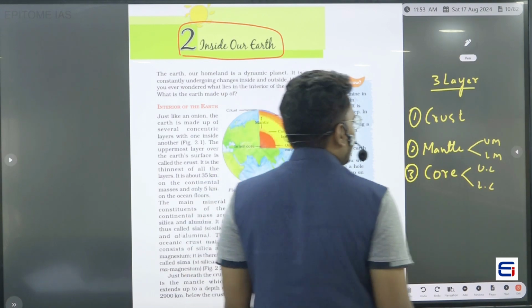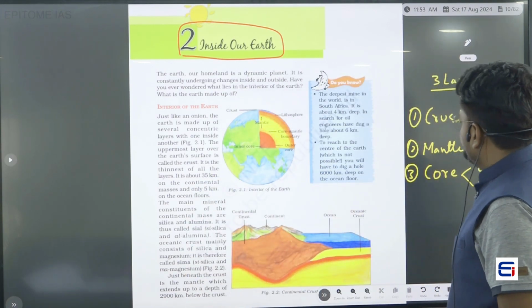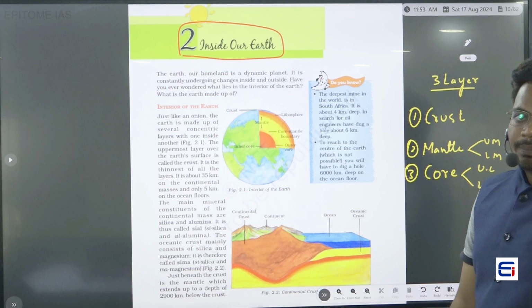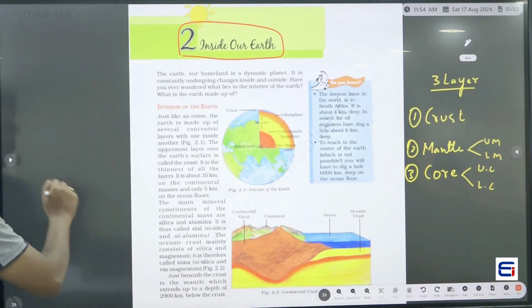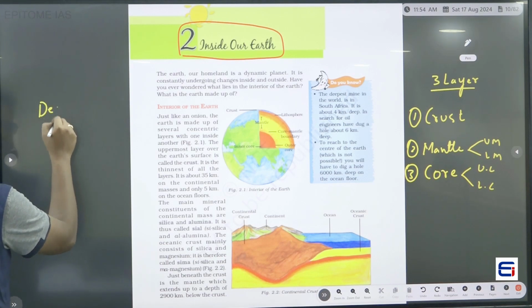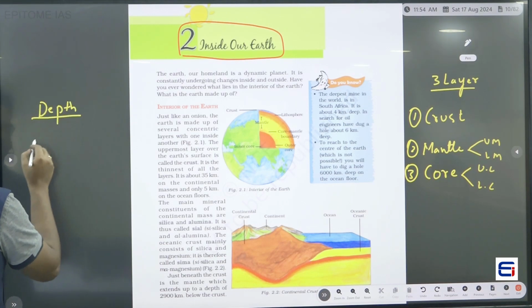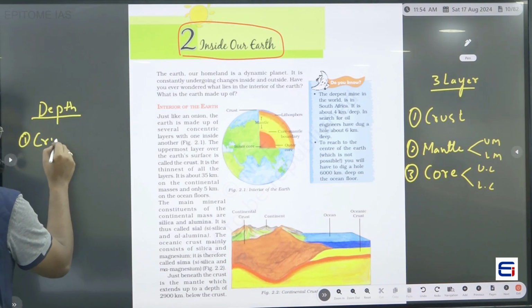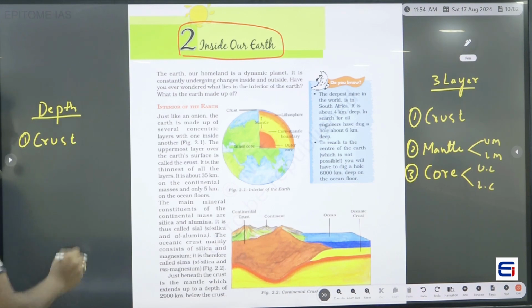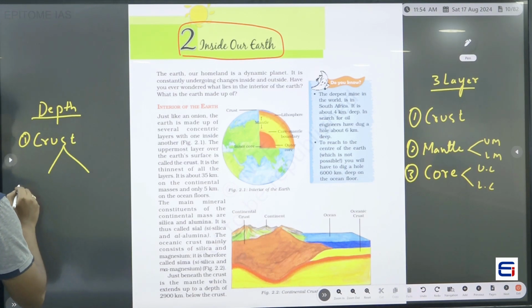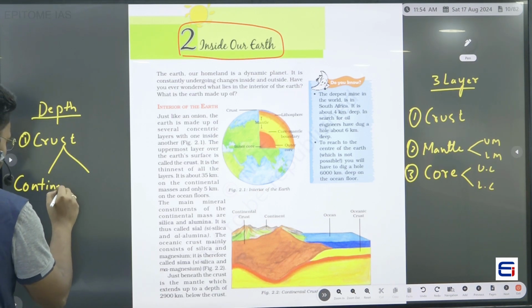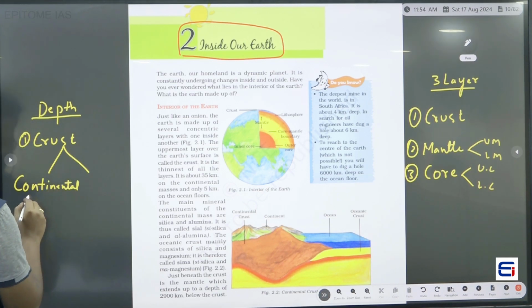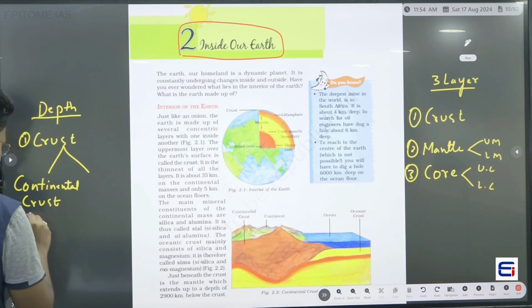Now what we are going to see in this chapter is that the depth of the crust is 35 kilometers, and that too continental crust will have a depth of 35 kilometers.